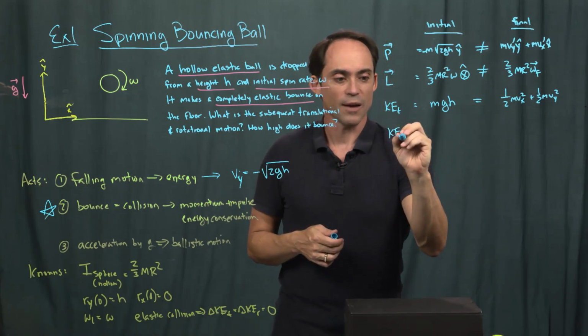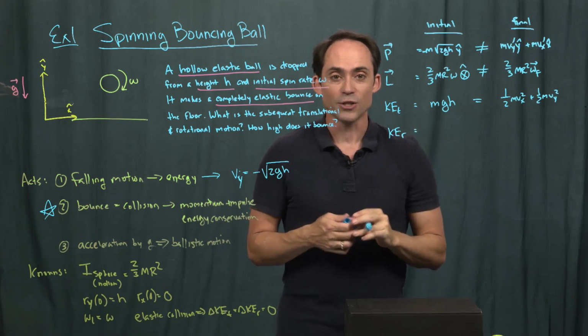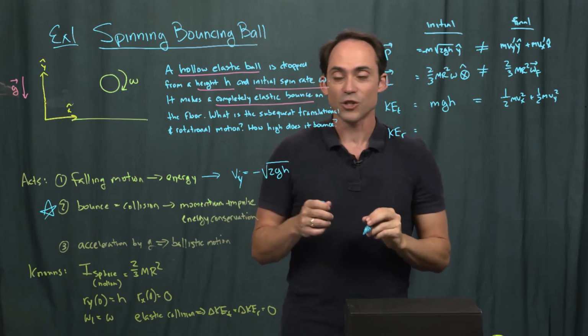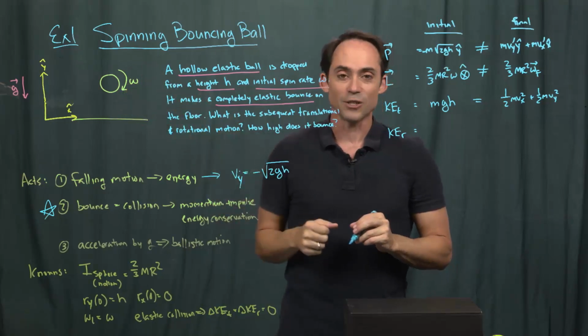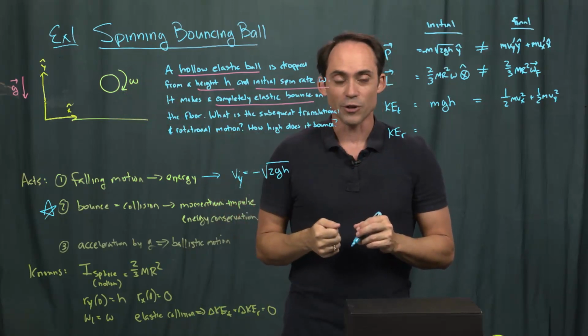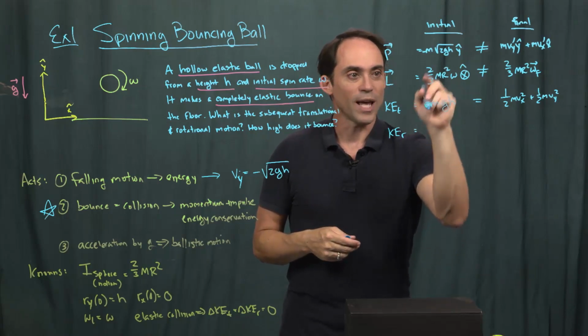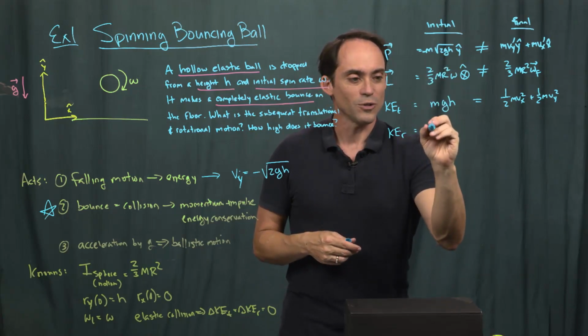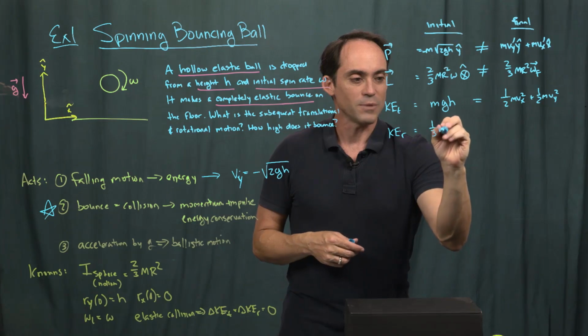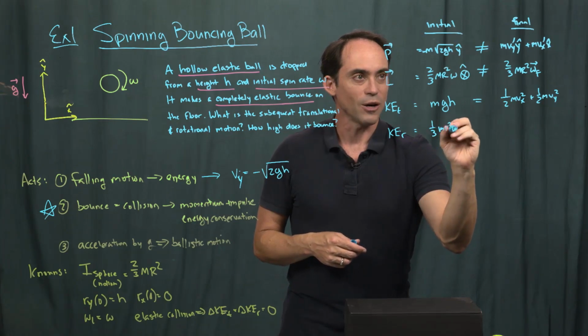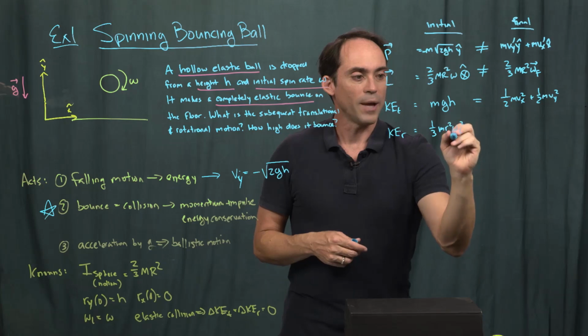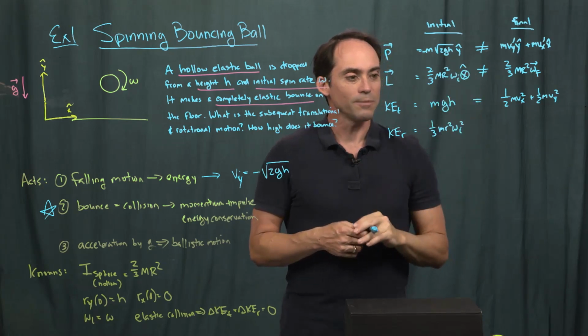And finally, we have our kinetic energy of rotation. We're given an initial kinetic energy of rotation based on the initial speed and our moment of inertia. That's 1/2 I omega squared. If we compute all that out, the 1/2 cancels the 2 in the 2/3, so we'll get 1/3 times mr squared times our initial omega squared. Let me make sure I put that initial there.